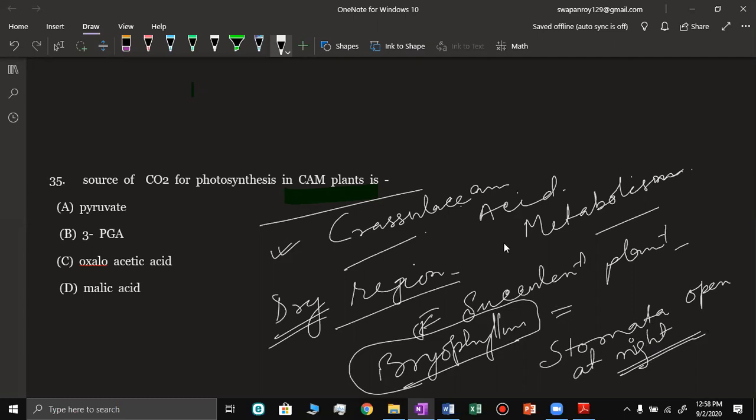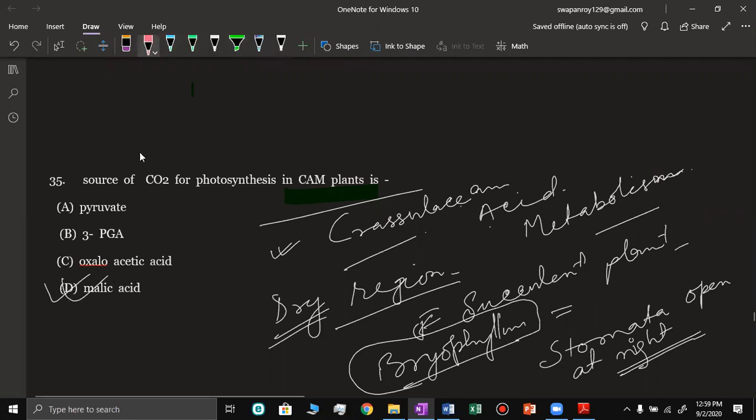So what they do is, at night they open their stomata, absorb carbon dioxide, change it into organic acid and store it throughout the night. During the day, when there is light, this organic acid, that malic acid, oxaloacetic acid, breaks down. The source of carbon dioxide for photosynthesis in the CAM plant also is the malic acid.